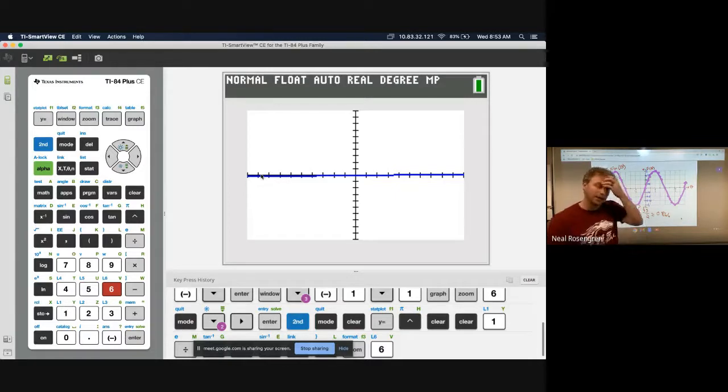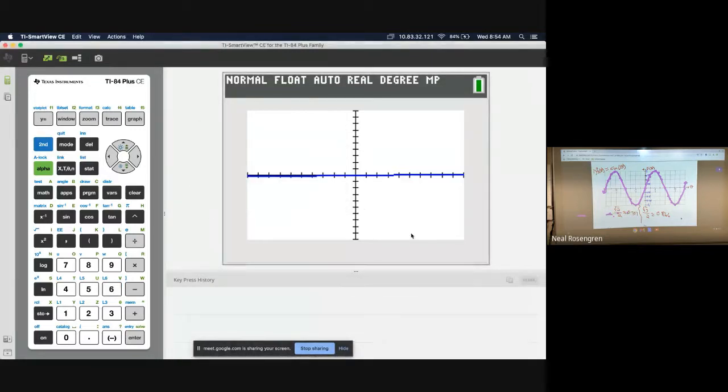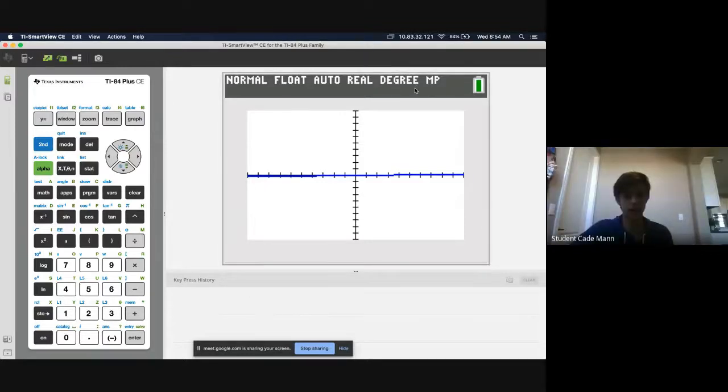Like, what is it about the calculator's setup right now that's giving me something that just doesn't look right? It's in degrees instead of radians.